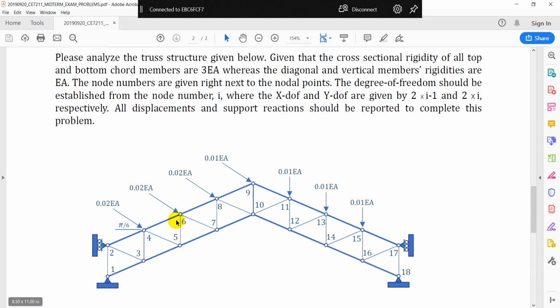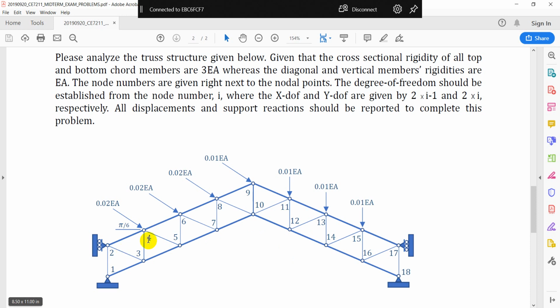Top and bottom chord, same cross-sectional area, so same stiffness, EA. Then 1, 2, 3, 4, 8, 16 members here. The stiffness matrix looks just alike, right? So you conduct the transformation once and that's it.